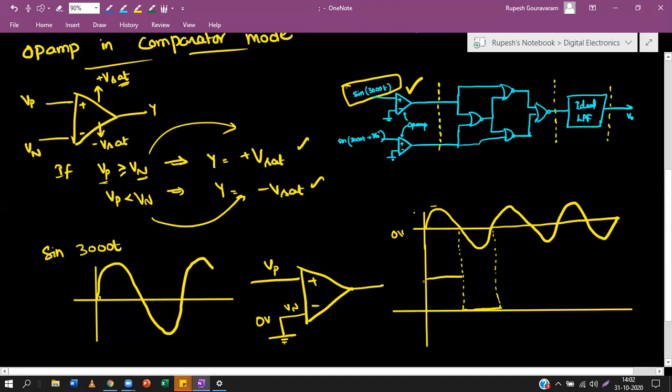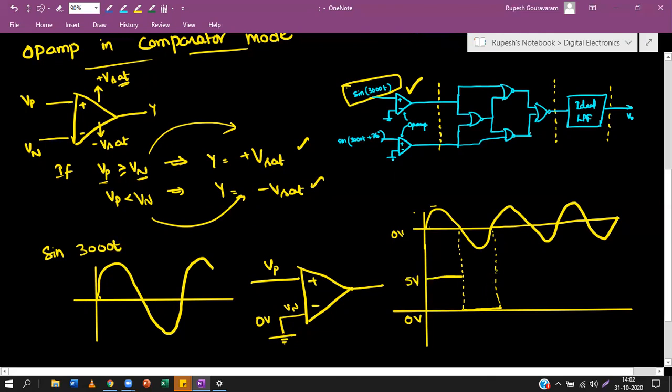In the question, plus VSAT, that is logic high, is given as 5 volts, and logic low, that is minus VSAT, is given as 0 volts. So we take plus VSAT as 5 volts and minus VSAT as 0 volts.